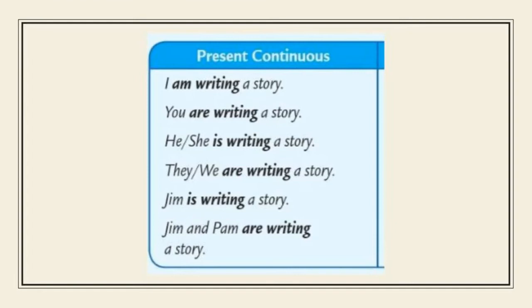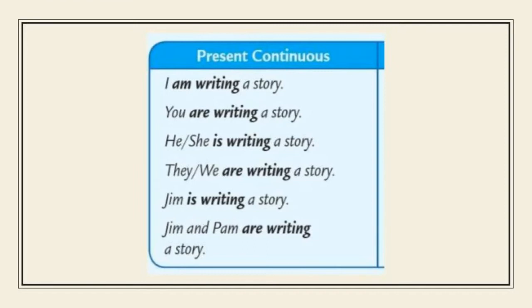Jim is writing a story. Jim and Pam are writing a story. Students, already said that for first person, that is I, we should use am. For second person like you, we, they, we should use are as the helping verb.